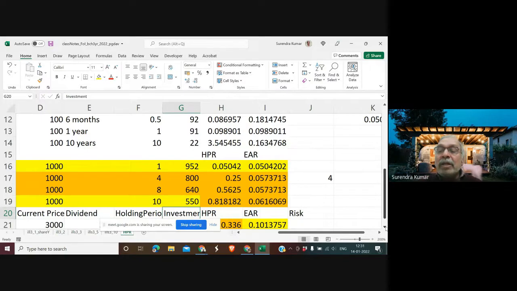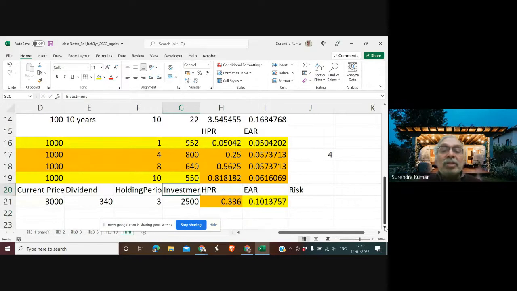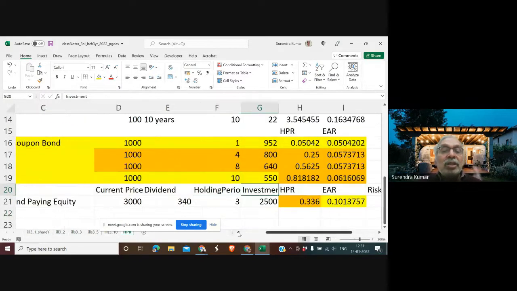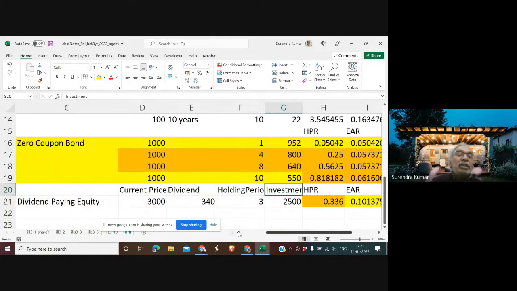Okay. Now, let us take an example of the dividend paying equity. So in case of dividend paying equity, we are saying that current price is 3,000, holding period is 3 years, investment is 2,500, and dividend is 340.